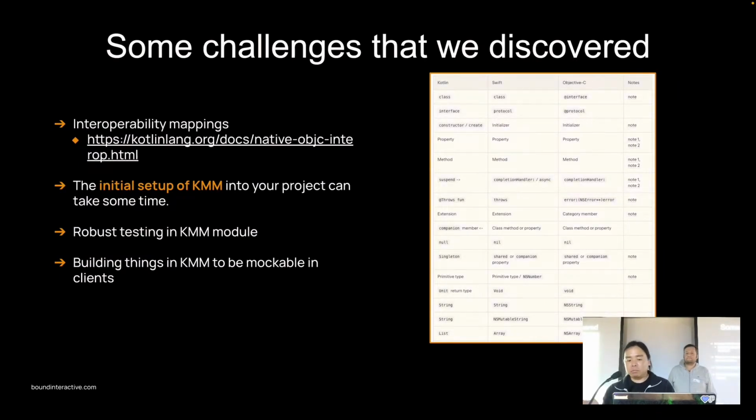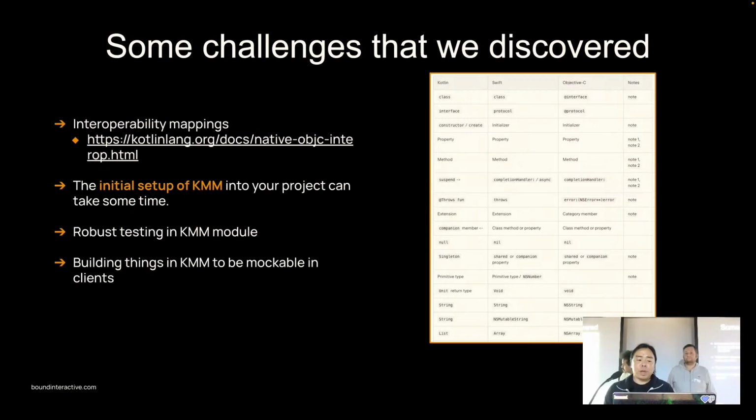Luckily, Kotlin has nice documentation on, we have this paradigm in Kotlin versus this paradigm in Swift. For example, they call it interface in Kotlin land, we call it protocol in Swift. So it's a really good documentation to look up and see, I'm used to calling it this, what's it called in Kotlin land?